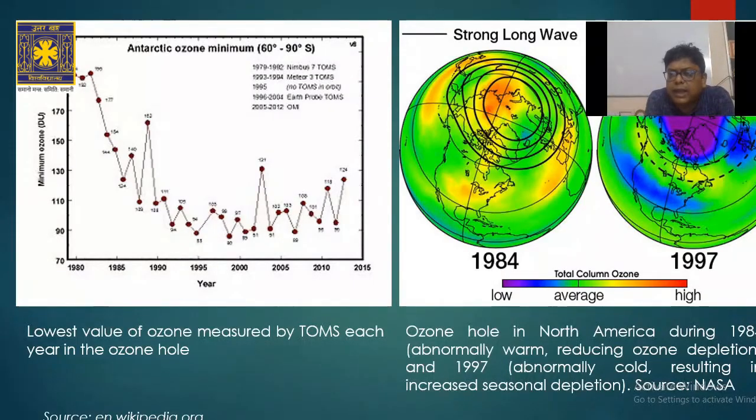And in 1997, we are also seeing the situation from the strong long waves. North America in 1984 was abnormally warm, reducing ozone depletion, and in 1997 abnormally cold, resulting in increased seasonal depletion.